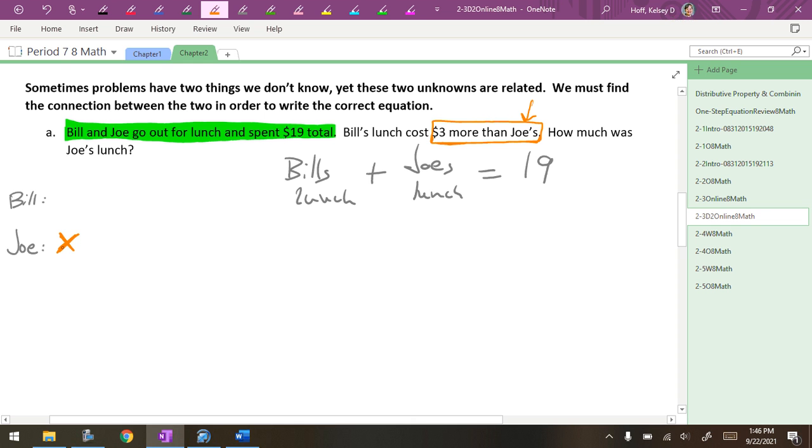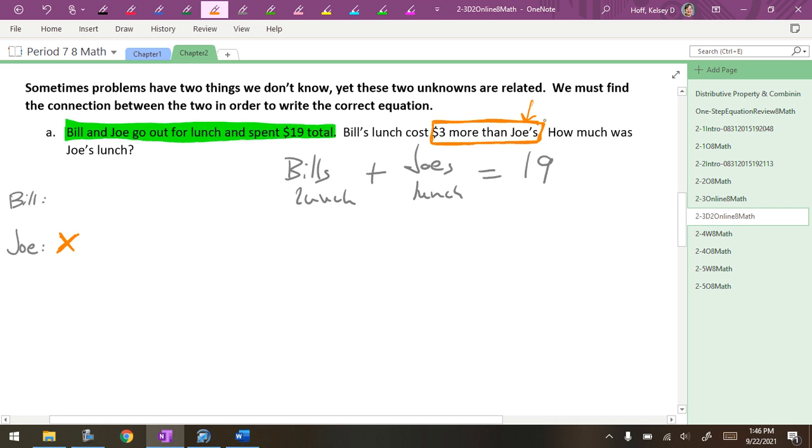So if we're going to represent Joe's lunch with X, how could I represent 3 more than Joe's? I'm not going to let Grady answer because he's given me 2 really good answers so far. Cole? What's plus 3? Because if you just write plus 3, that means Bill's lunch is $3. Bill's lunch is 3 more than Joe's.